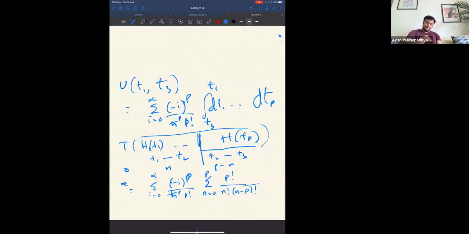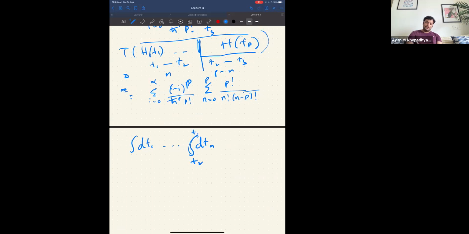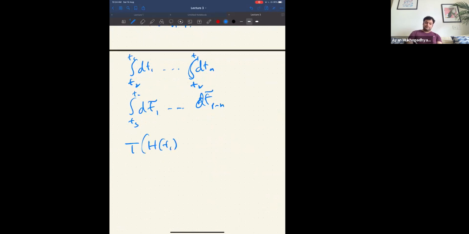And then I would do the following: times dt1 to dtn, each of them from t2 to t1, and then the remaining ones, dt tilde 1 to dt tilde p minus n, these all should go from t3 to t2, and then I could break it up into the product of two factors, h(t1) to h(tn), and then h(t tilde 1) to h(t tilde n minus p).